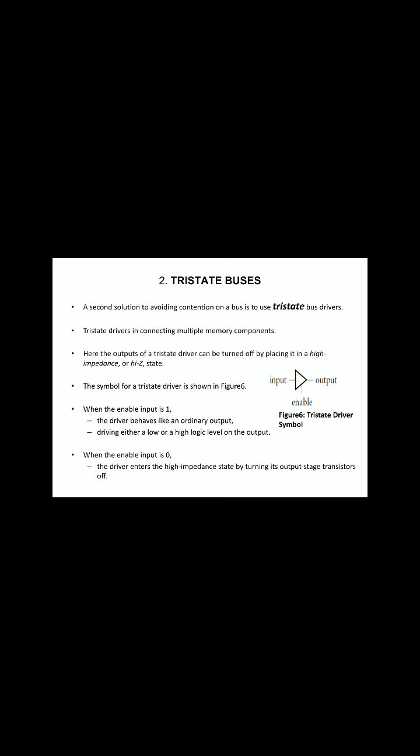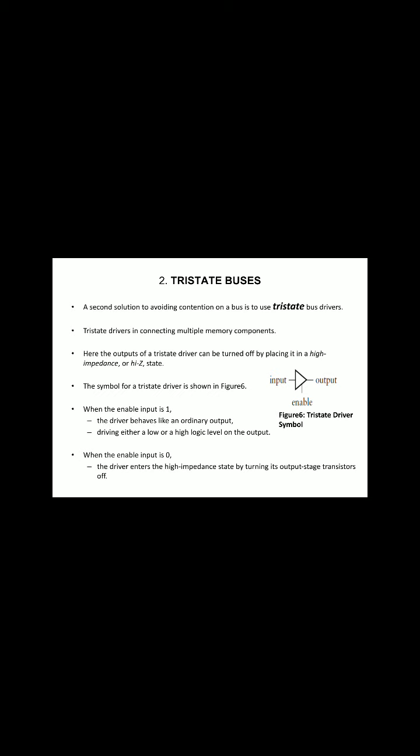When enable is 0, the device will not sit quiet, it will pass a high impedance state. It means it will give logic Z value. This is why the name tri-state. Tri-state means 3 states. We know digital circuits have logic 0 state, logic 1 state, and unknown state and high impedance state.